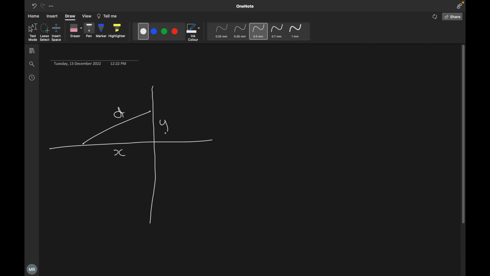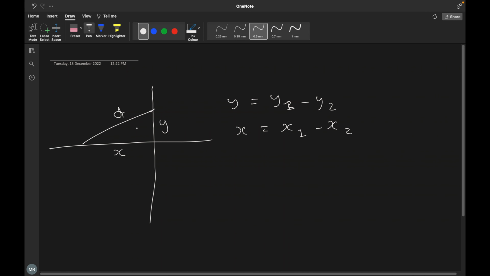And this would be the y, where y equals y1 minus y2, and x equals x1 minus x2, because we're just finding the difference. So this one is x2, this is x1, so the coordinates.